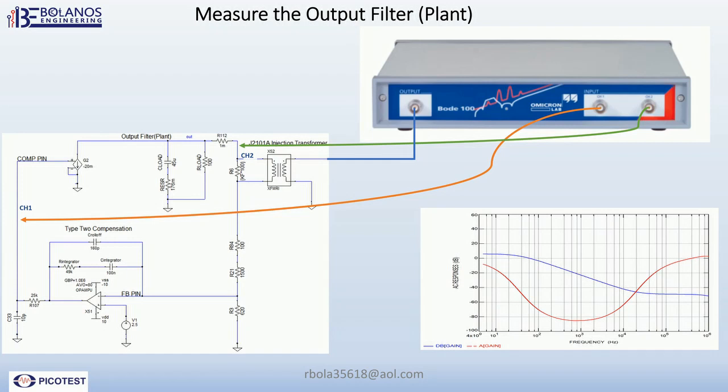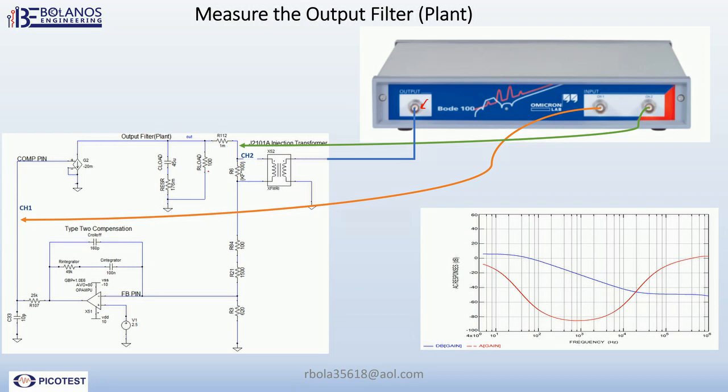So this is the way you hook up your Bode 100 to measure the transfer function of the output filter. So the output will be connected through the J2101 injection transformer. That injection transformer will be connected across R6.